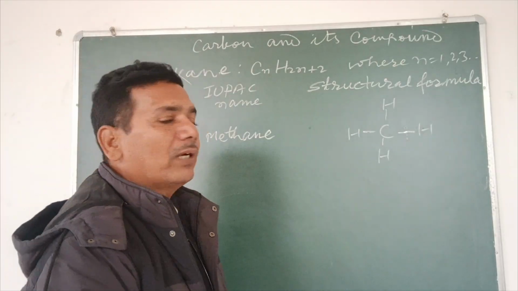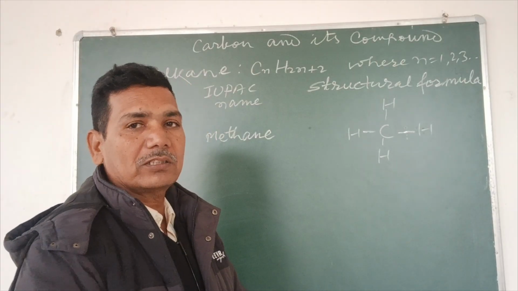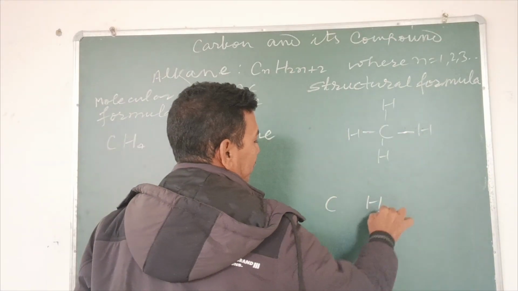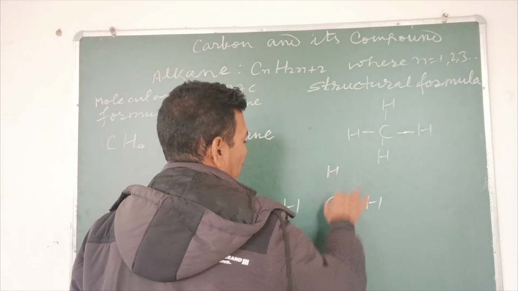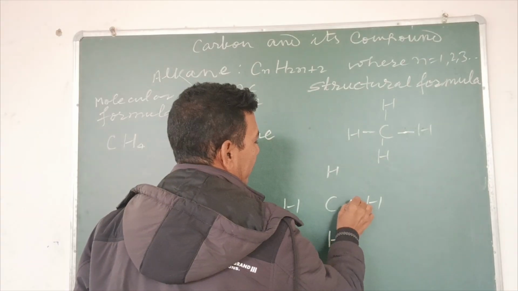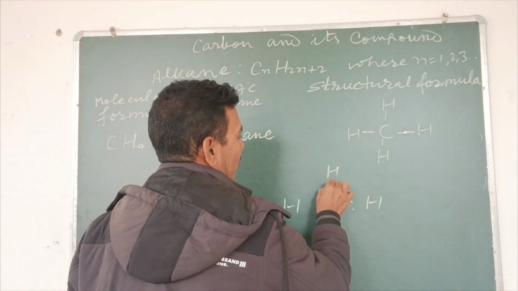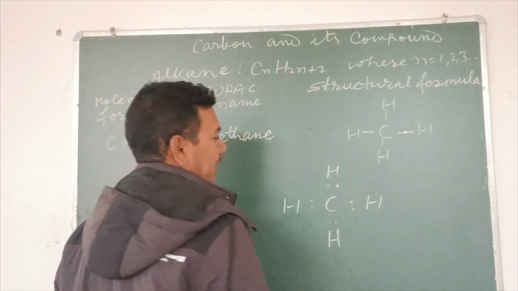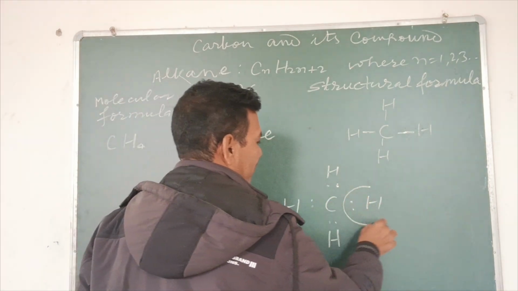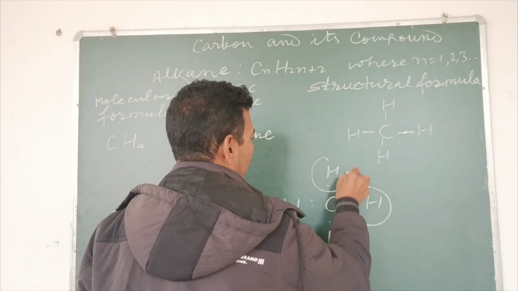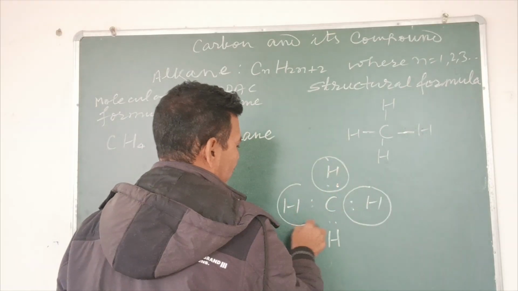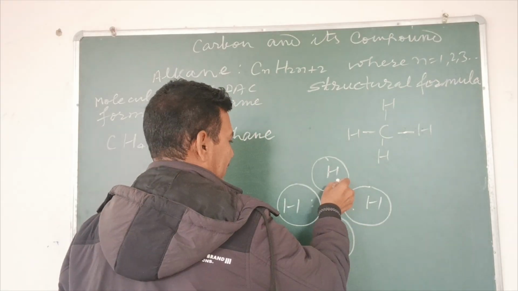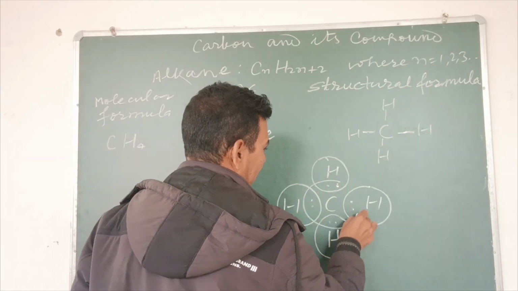If we want to write the electron dot structure of methane, we can write it in this manner. Where there is a single bond, we will write 2 electrons. In these circles there will be hydrogen, and in this circle there will be carbon.